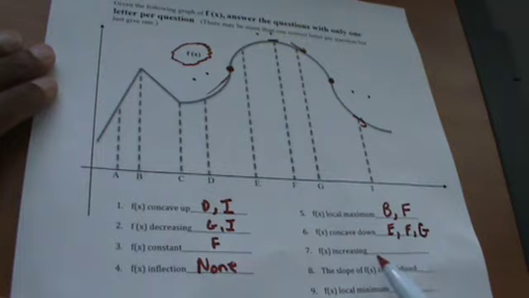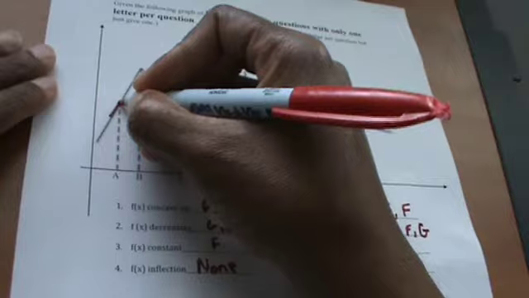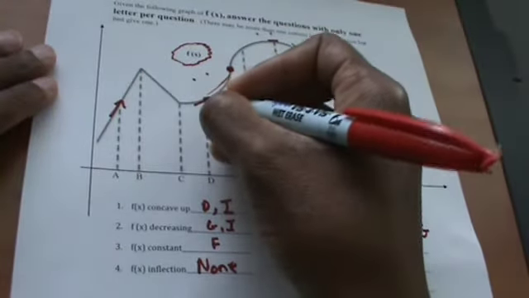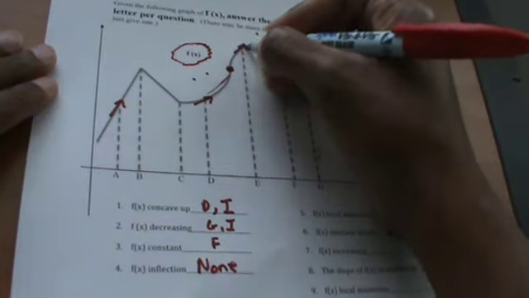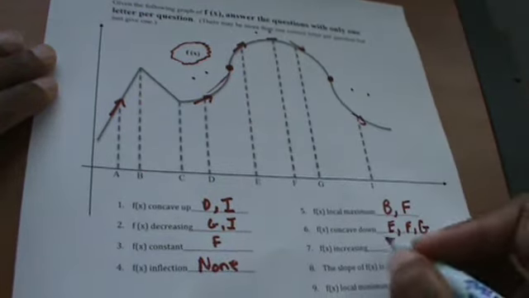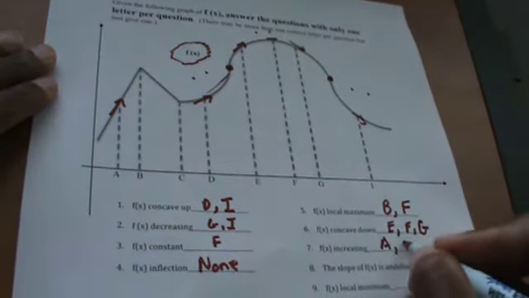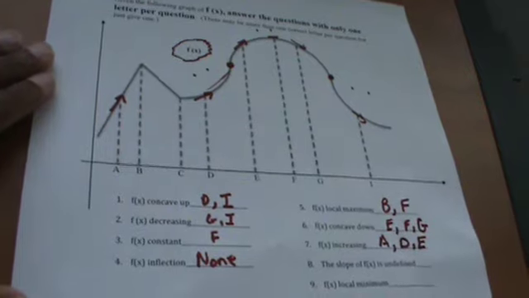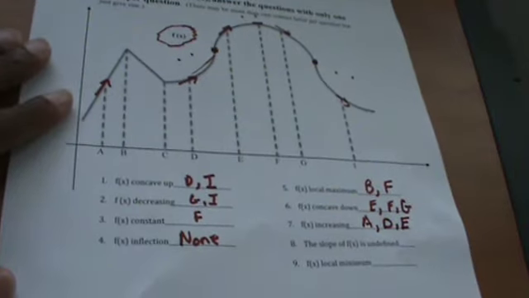7 says, where is F increasing? So if you're on a roller coaster ride, your ride is going up through A, going up through B, going up through E. So A, D, and E. 8 says, where's the slope of your function undefined?